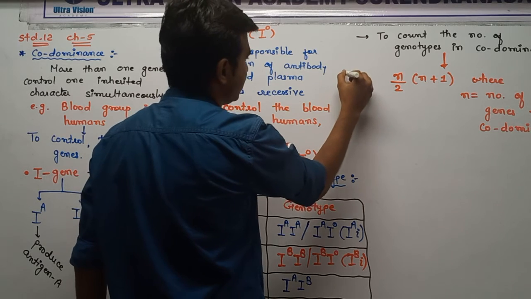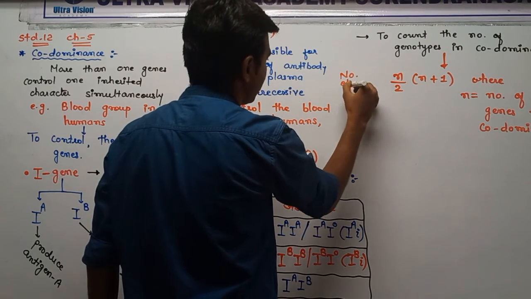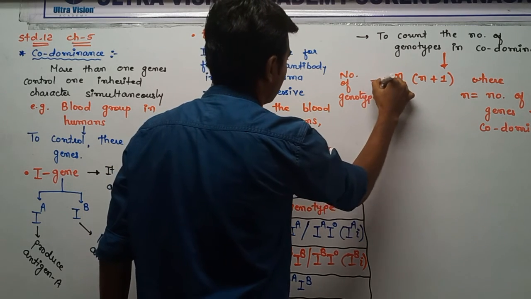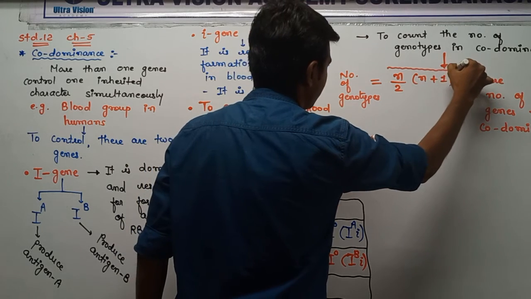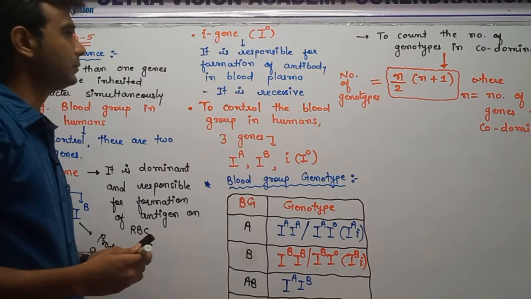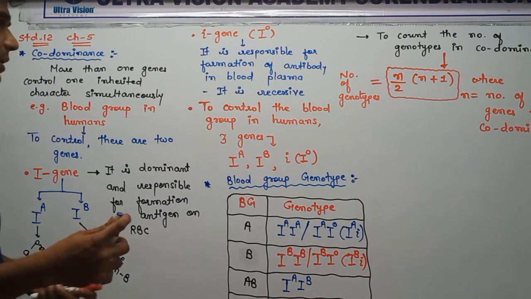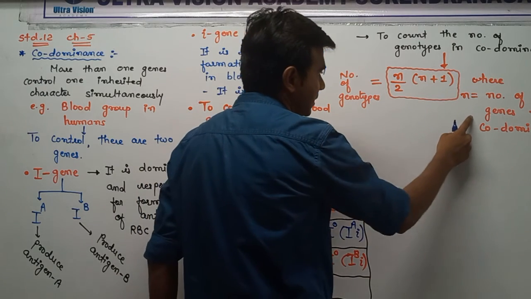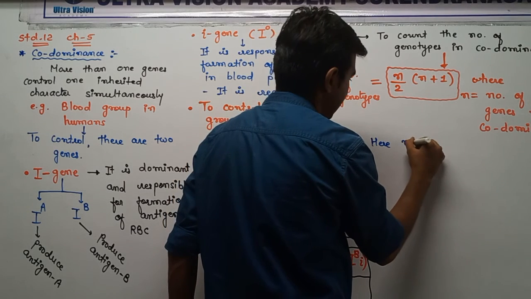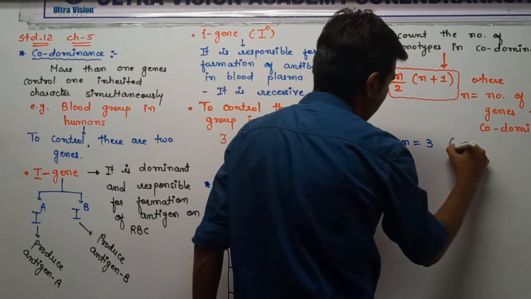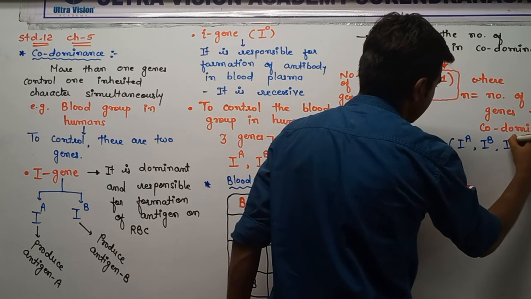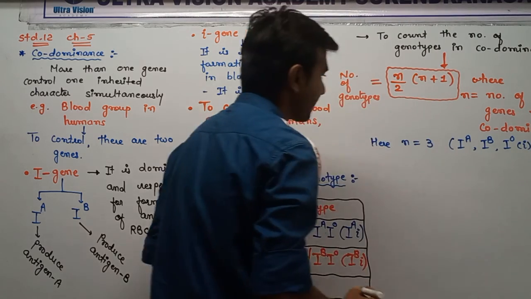So by this you identify the number of genotypes. This is very important. Here n is equal to 3. How? IA, IB and I0, or you say small i. Fine.